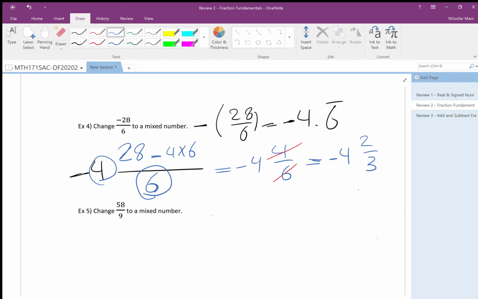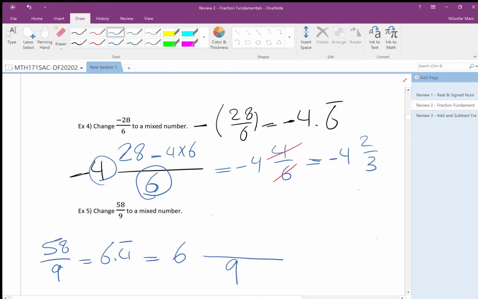So I do 58 over 9 using my calculator. The answer is 6.4 forever. I don't care for the 4 forever. I need to find the top, since 9 is here.